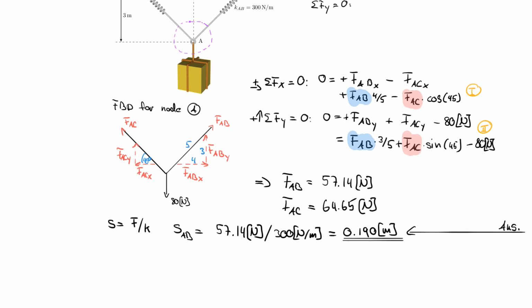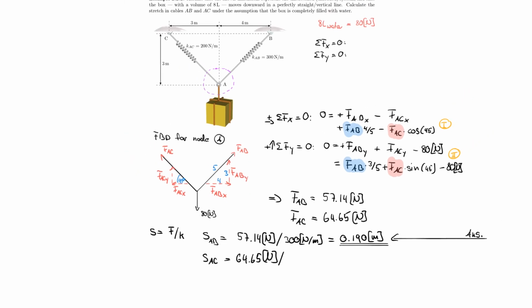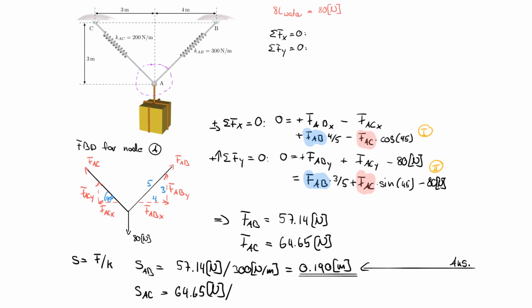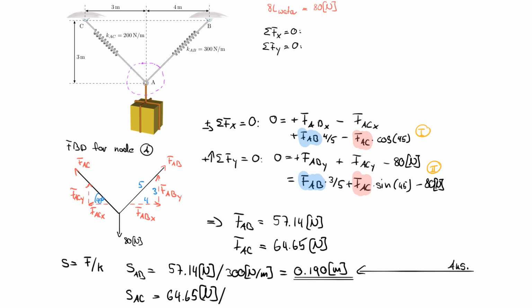So now that is taken care of, but I have to do the same thing for SAC, which is the other force now, which is 64.65 Newton. But be careful now, it's a different spring constant. So let's zoom out and let's take a look at the entire picture here. So that needs to be divided by 200 newtons per meter.